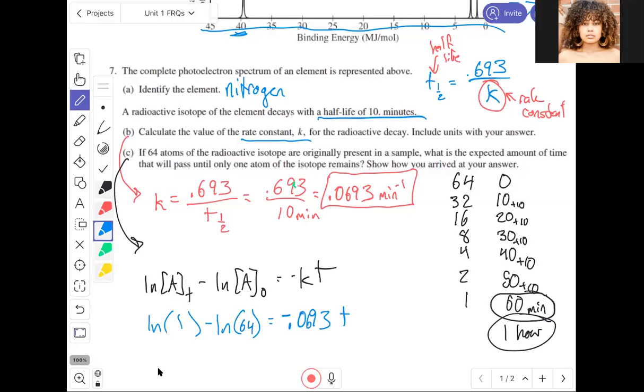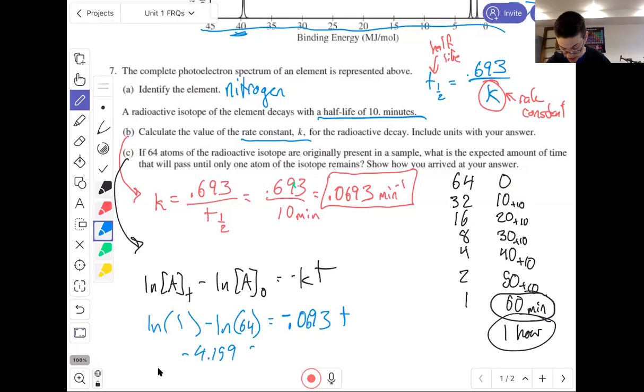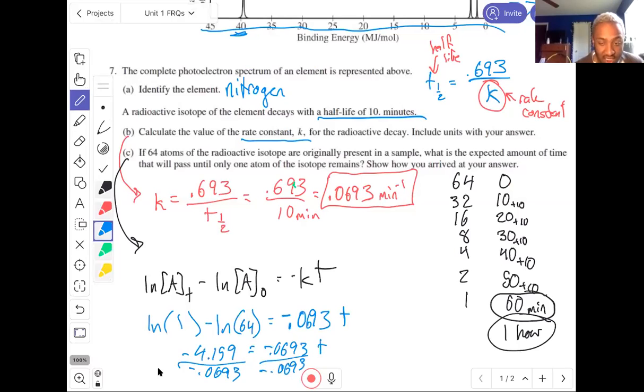So in your calculator, ln of 1 minus ln of 64 gives a number that would be negative 4.159, equals negative 0.06693 times t. Divide both sides by that, and you'll get 60.